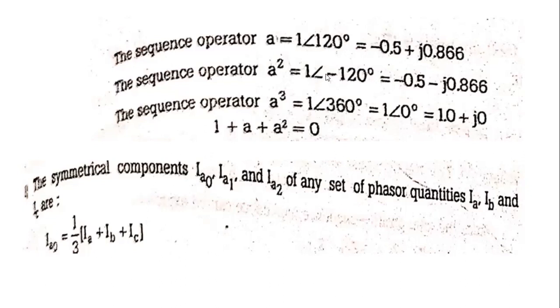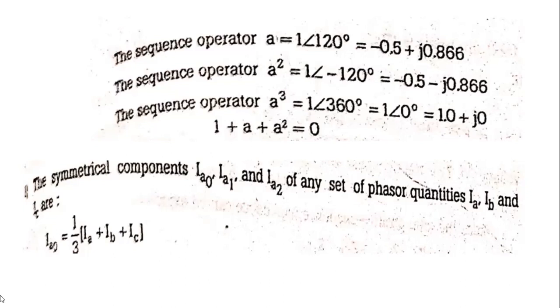A square is equal to 1 at an angle of minus 120 degrees, which equals minus 0.5 minus j0.866. And A cube is 1 at an angle of 360 degrees, that is 1 at an angle of 0 degrees, which is equal to 1 plus j0.